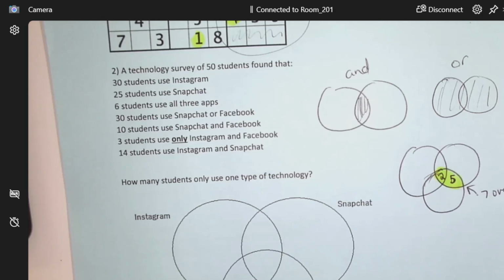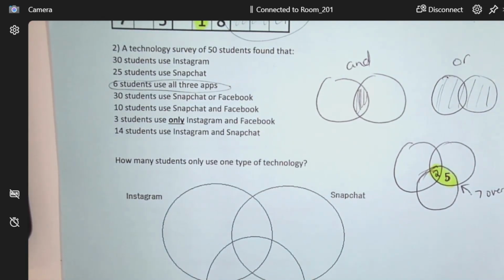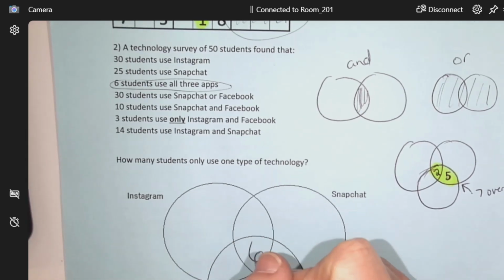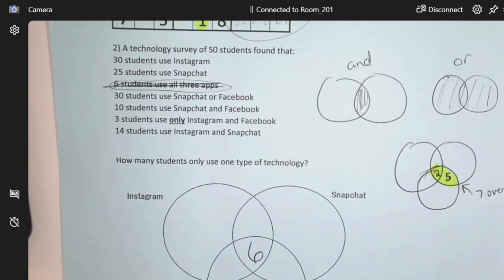Okay, so let's see what it looks like. Where do I start? Which kind of statement do I always start with? 6 people use all 3 apps. So 6 goes in the middle. I need some kind of and statement.